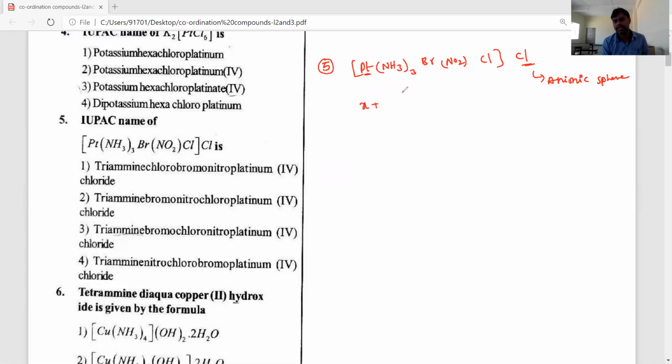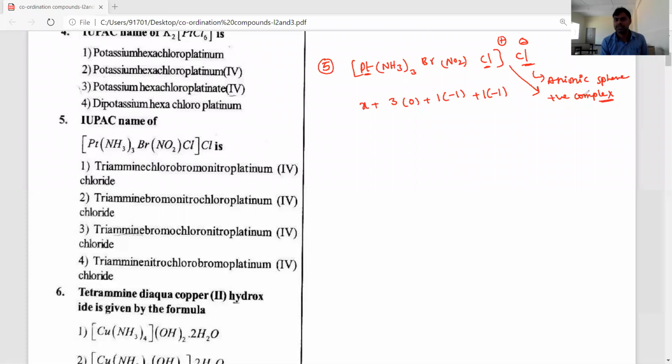Platinum, let it be X. 3 ammonia ligands are present, neutral ligands, oxidation number 0. 1 bromine is present, oxidation number -1. 1 nitrite ion is present, oxidation number -1. Here 1 chlorine atom is present in the coordination sphere and 1 chlorine atom in the anionic sphere. So the resultant complex is a positive complex compound, because positive charge is present on the coordination sphere.